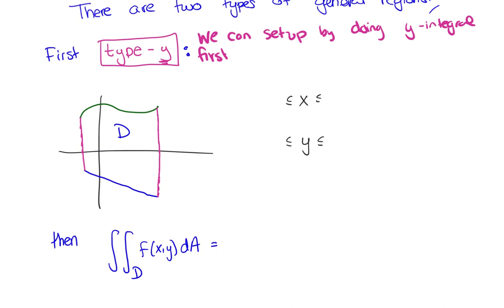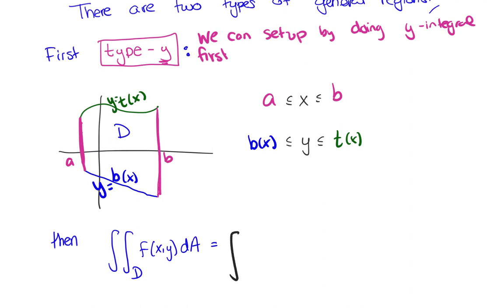The x's are going to be going between constants, some constant a and some constant b. And then the y will have some functions. I'll call them t of x for the top and b of x for the bottom. So the y goes from that bottom function of x to the top function of x. We should think of these as y equals functions if I'm doing the y first.